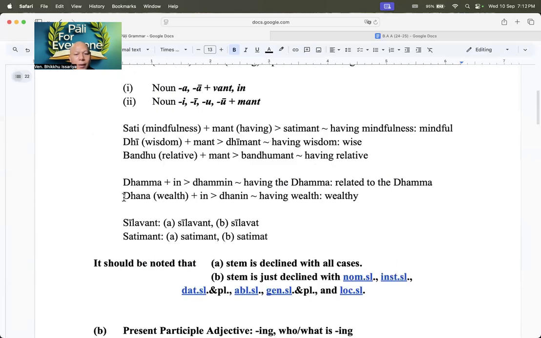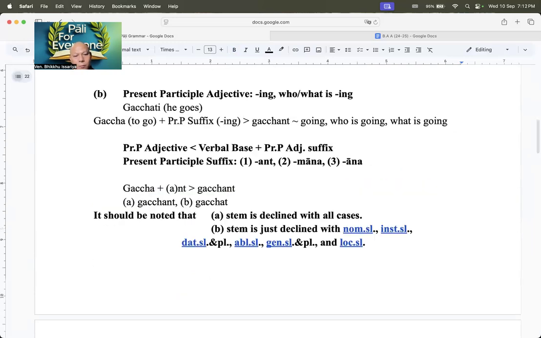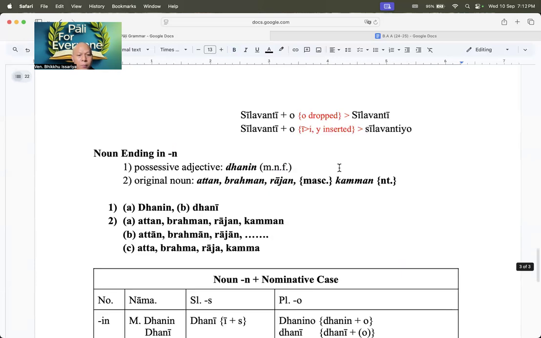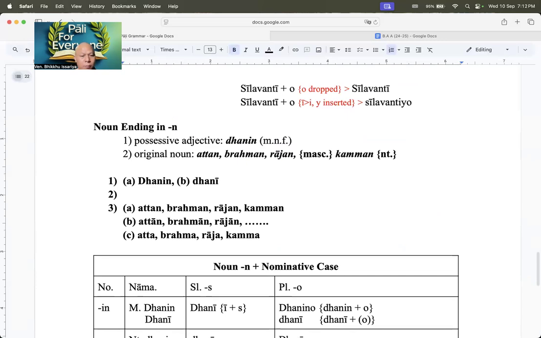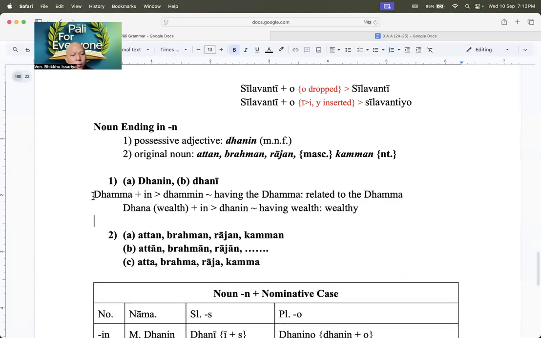So the 'na' and the 'a' in dhammī, having the dhamma or related to the dhamma, or the 'na' and the 'a' in dhanī, having wealth or wealthy. That is a possessive adjective.